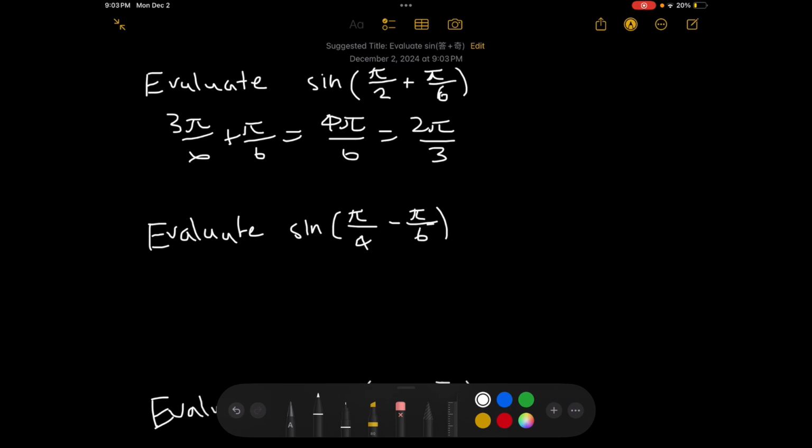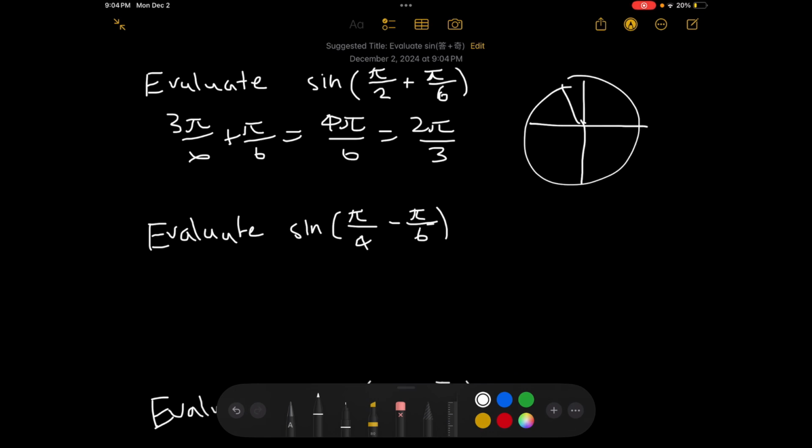So when I try to evaluate these types of expressions, or in this case, sine of 2 pi over 3, I don't memorize the numbers in the unit circle. I actually refer back to the unit circle and try to picture it in my head. So this would be closer to the y-axis than it is to the x-axis.